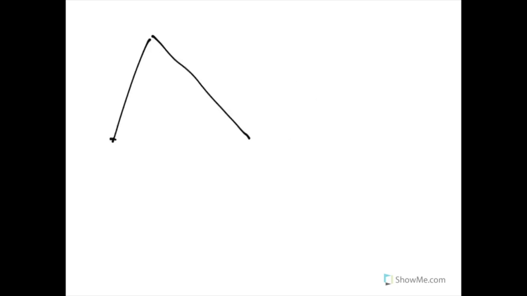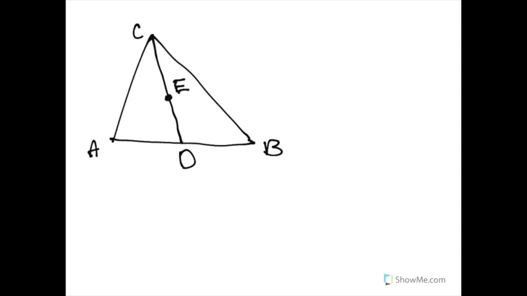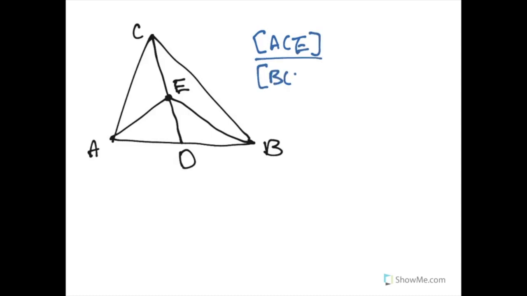If I draw a triangle here, and let it be ABC, and I draw from C a line segment to AB and call this point D, and we mark out an interior point E on line segment CD and connect E to A and B. So this is our diagram, and the result is that the area of triangle ACE divided by the area of triangle BCE is equal to the ratio AD over BD.